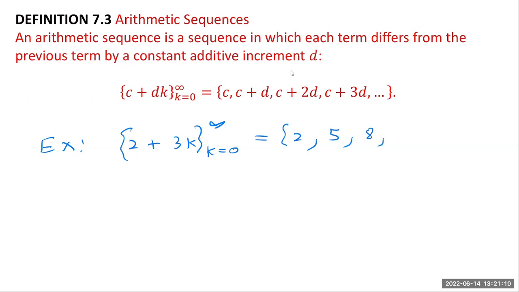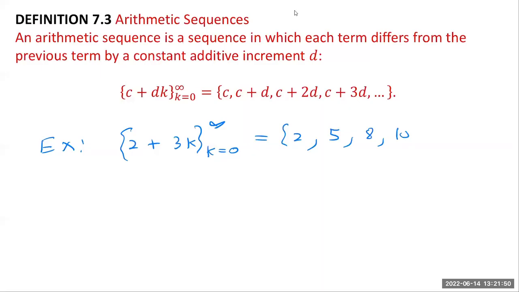K is equal to 3, you get 10. Pardon me, this should be 11, right? Dot, dot, dot. Okay, so this is the sequence.